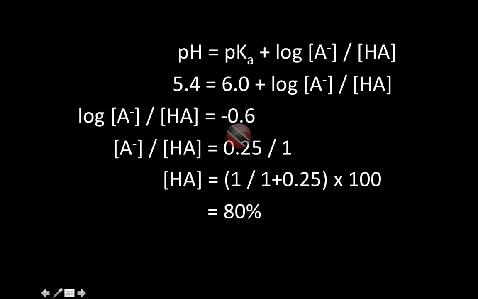Show the substitution, show what answer you got when you did the anti-log, and then your reasoning on how you got, in this case, the acidic percentage. Show all working, because this final mark, this final answer, 80%, carries the least amount of marks. We want to make sure that you know all the working to get the 80%.